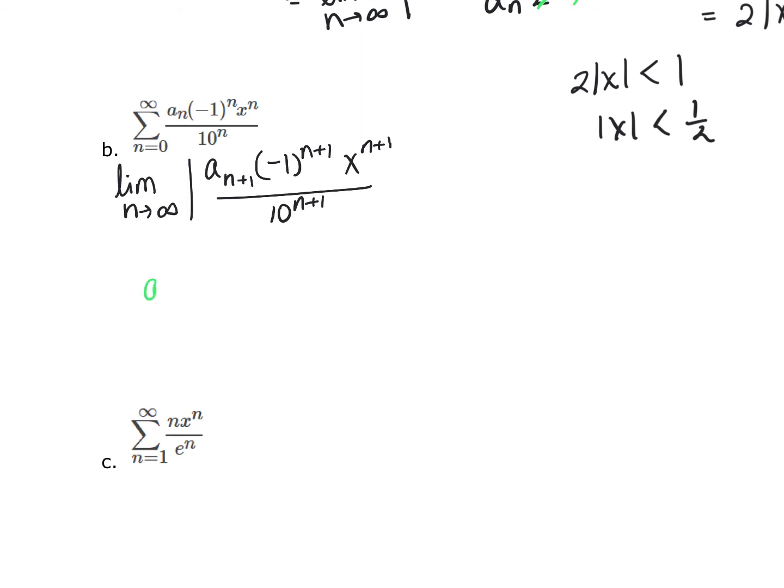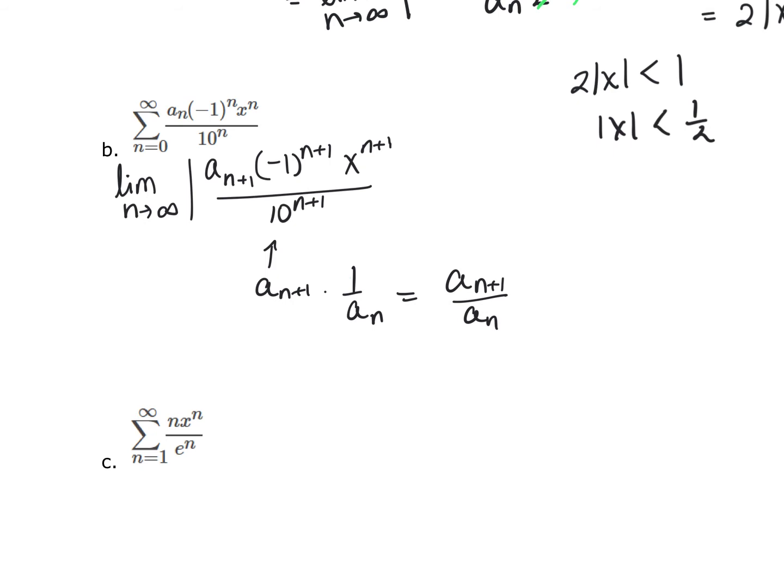Now, if I have a over b divided by c over d, this is a over b multiplied by d over c. Because I would be dividing by a fraction, I can write a sub n plus 1 times 1 over a sub n. That's equivalent to a sub n plus 1 over a sub n.